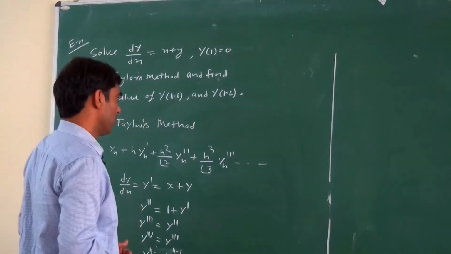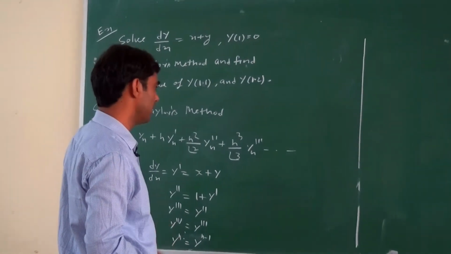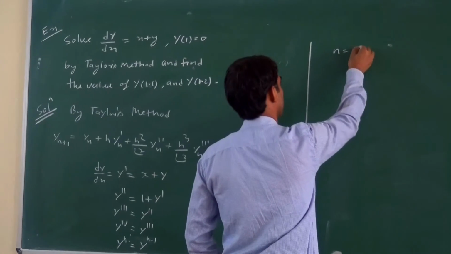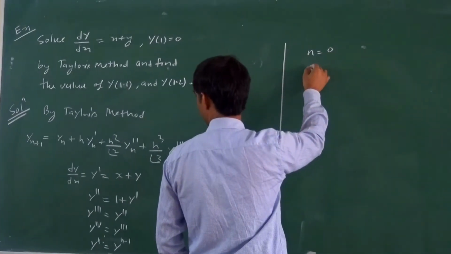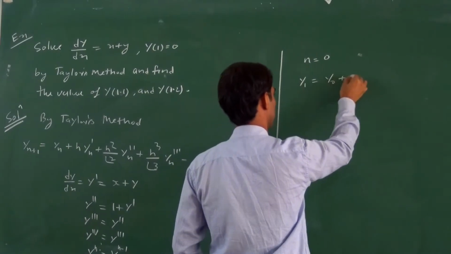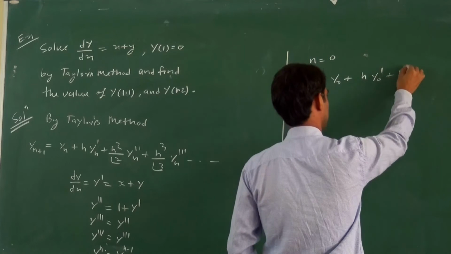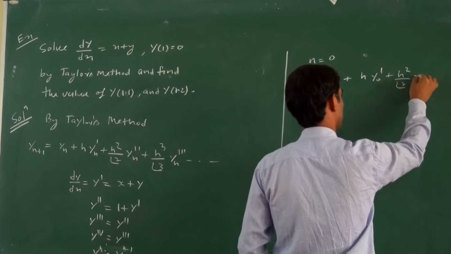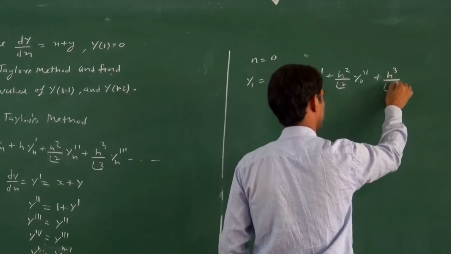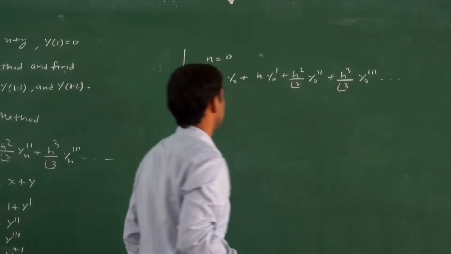Now we put n equal to 0. Then y1 becomes y0 plus h y0 dash plus h square upon factorial 2 y0 double dash plus h cube upon factorial 3 y0 triple dash and so on.